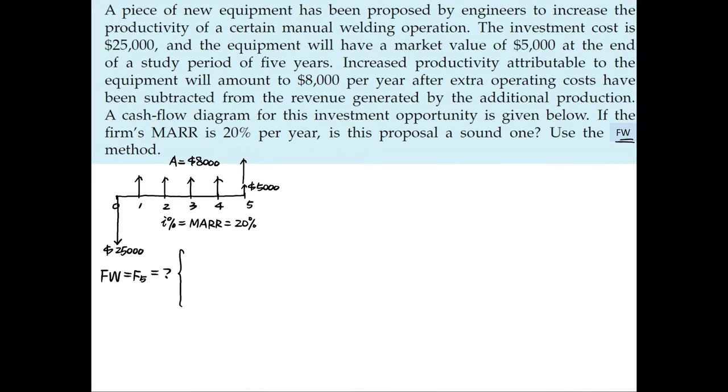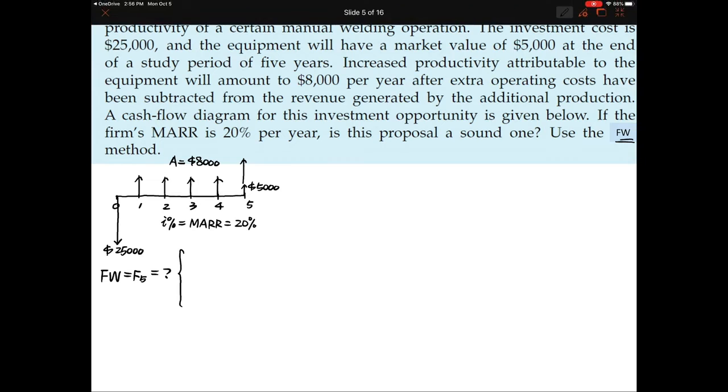Okay, so what is that? First, we need to determine how many parts that future value has. So we have this 25,000 initial investment at the present time. So we have FW part 1, which is from the 25,000, and it is the present value, and we want to convert that to the future value.